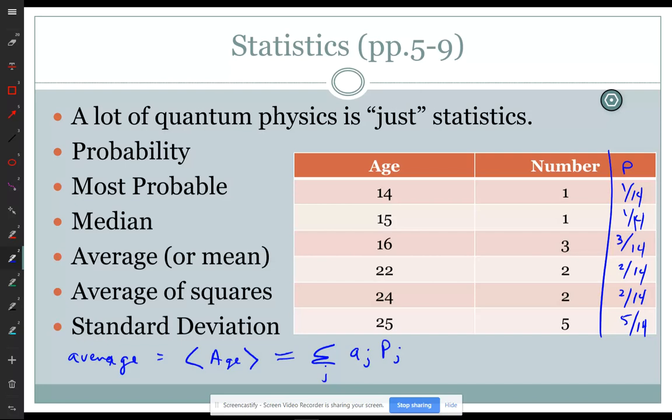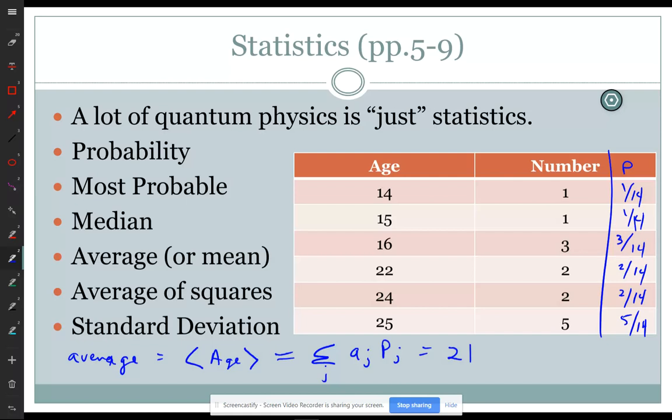Just for grins, I'm going to look to see what that value is. The value turns out to be 294 over 14, which is 21. That's the same number as in the textbook. So that's kind of useful. How many people are 21? None. So your expectation value doesn't necessarily exist. And we're going to see some clear examples where the expectation value can't exist.